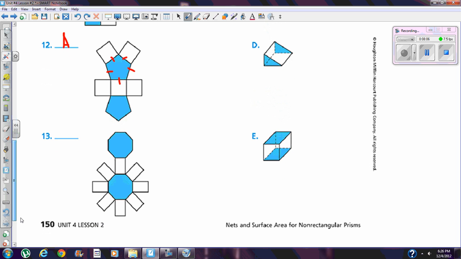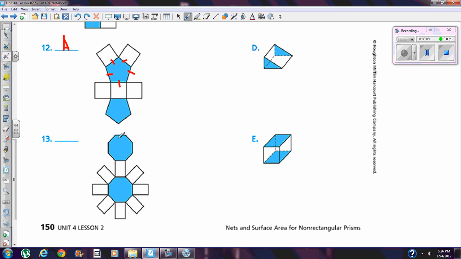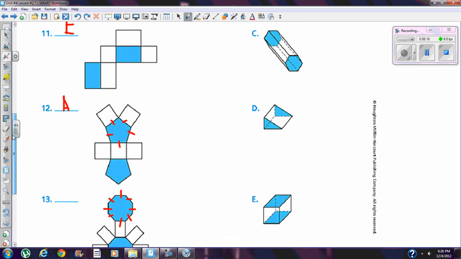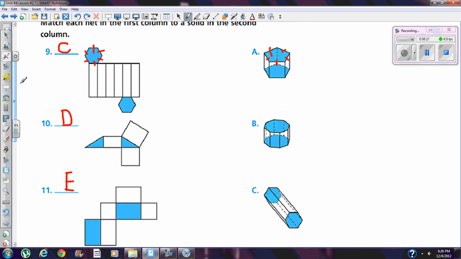Number 13 would then be obviously your last one, but let's just take a look at it. 1, 2, 3, 4, 5, 6, 7, 8. So we're talking about an octagon. And you look over here, and that would be letter B right here.